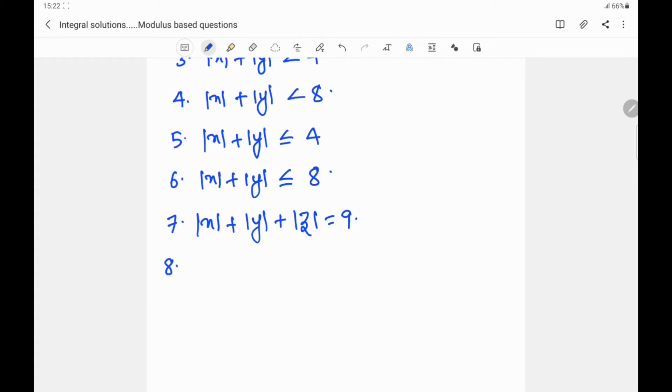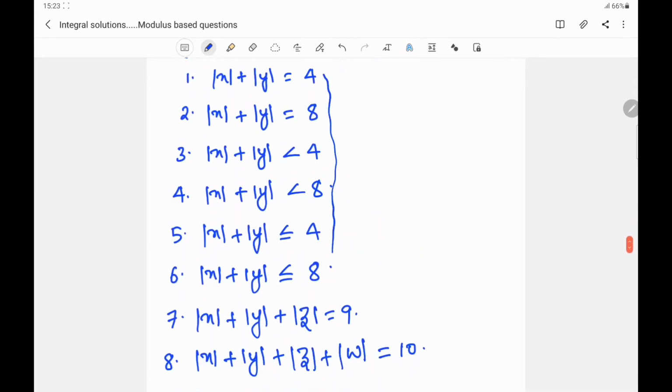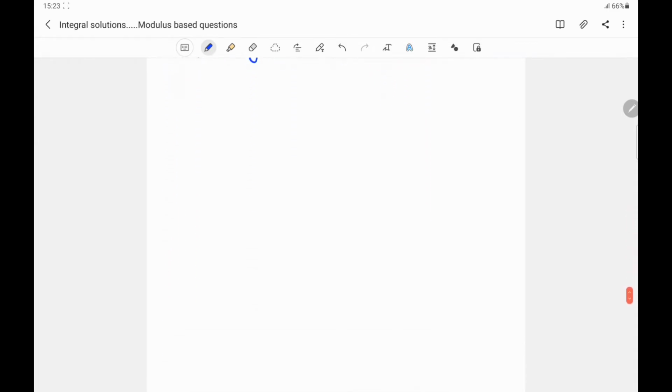And the eighth type of question which we are going to cover will be mod x plus mod y plus mod z plus say another variable mod w is equal to 10. So in each of these types of equations you will be asked to find the total number of integral solutions to this equation. Now prior to solving these questions we will look at the basics first.